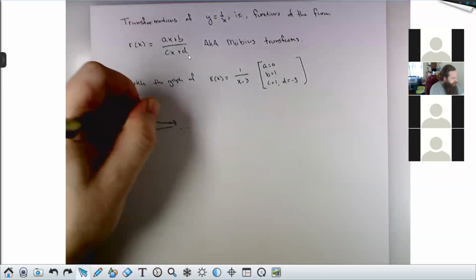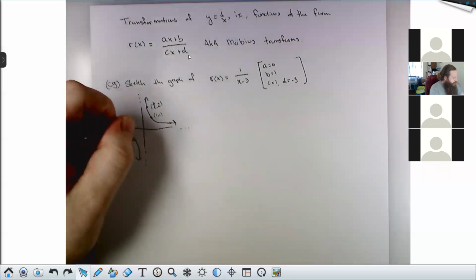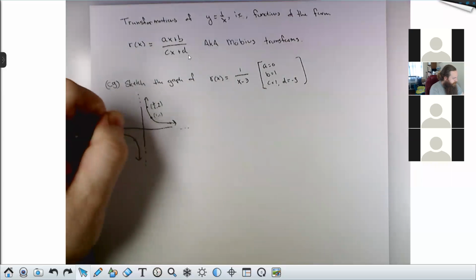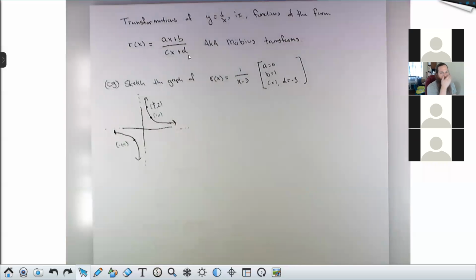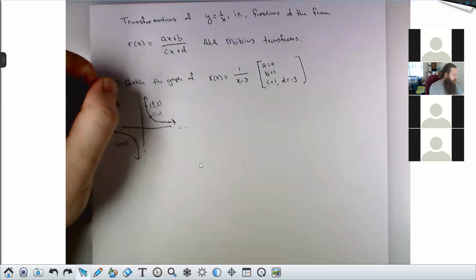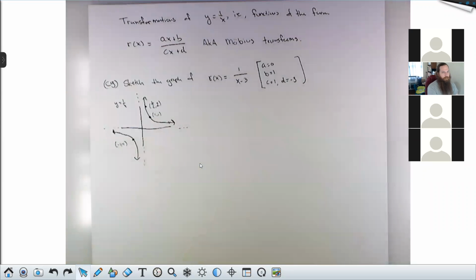Here's 1, 1. Sorry, 1 half, comma 2. And over here it's negative 1, negative 1. So what sort of transformations do I need to apply to this graph, the graph y equals 1 over x, in order to get the graph of this function, 1 over x minus 3?